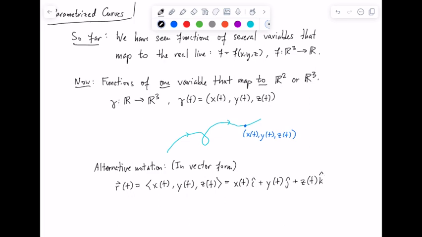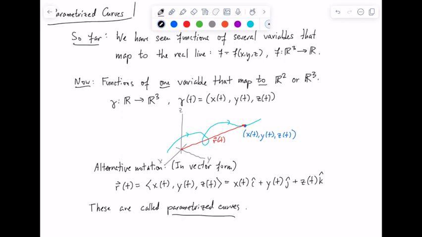And both of these formulations are equivalent. All right, so the vector notation is just telling you the displacement vector with respect to the origin 0, 0, 0. Your point traces out this path, and it's equivalent to just saying that there is also a function with coordinates x of t, y of t, z of t.